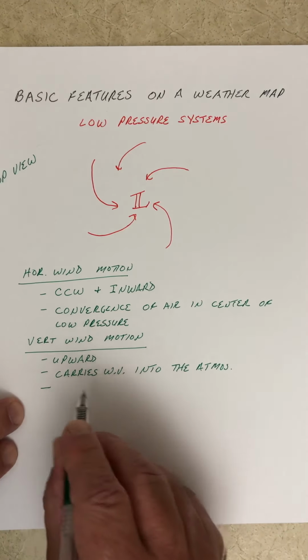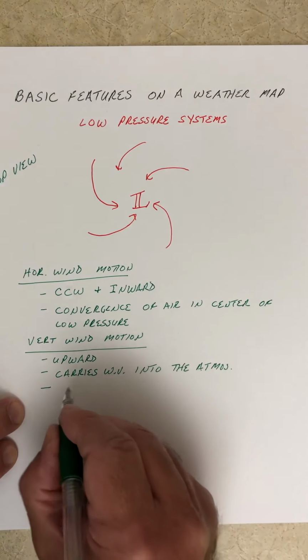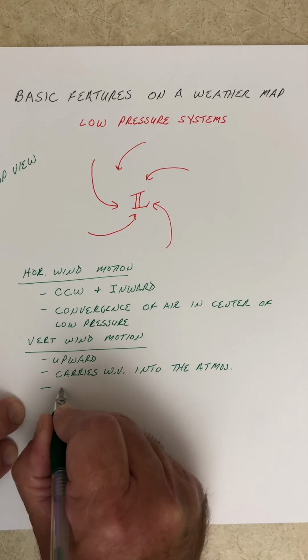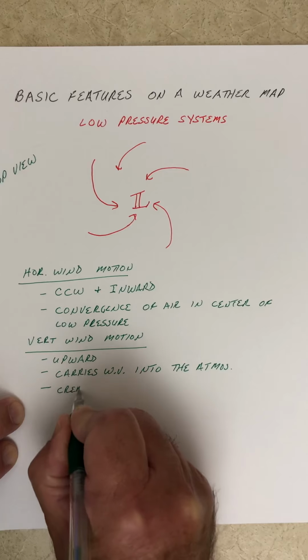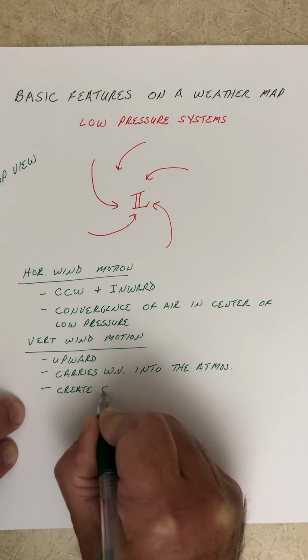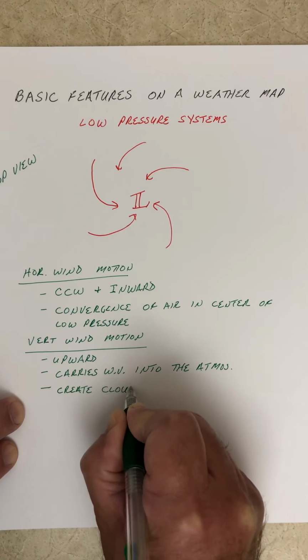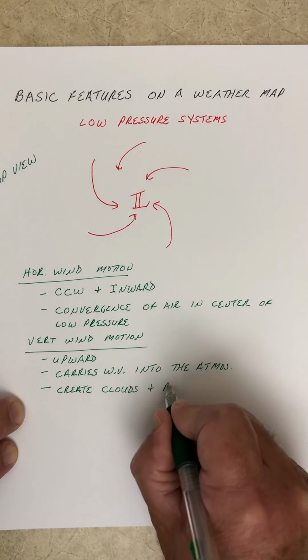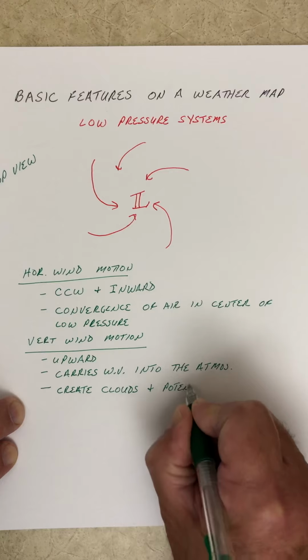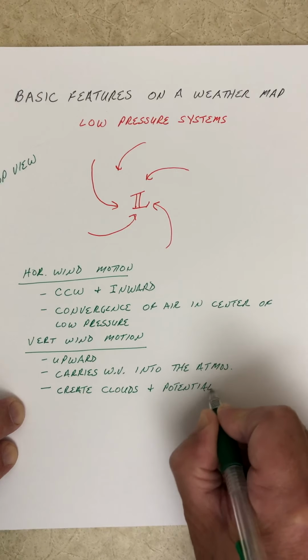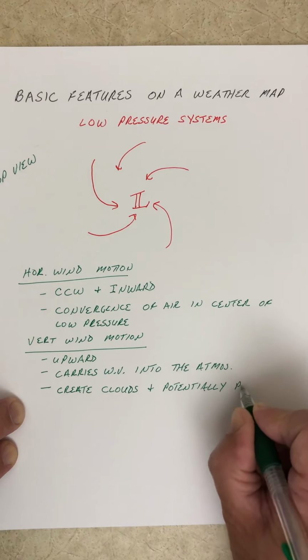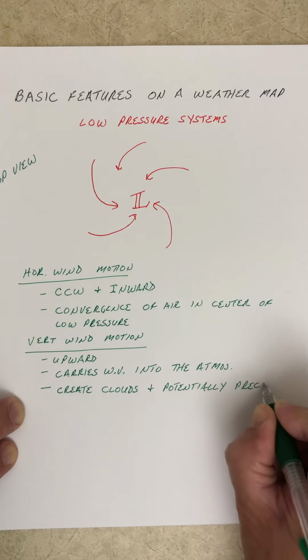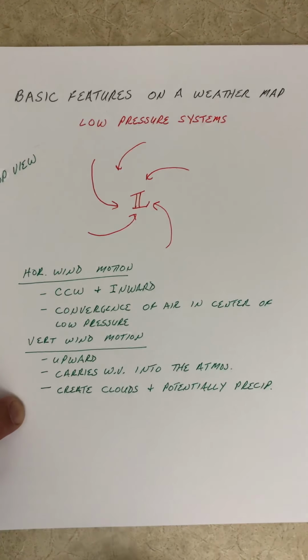Almost always, low pressures are going to create cloud cover, create clouds and potentially precipitation. If there's enough water vapor to work with, you'll get precipitation.